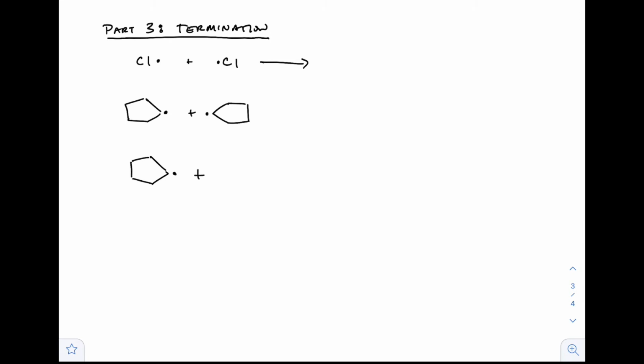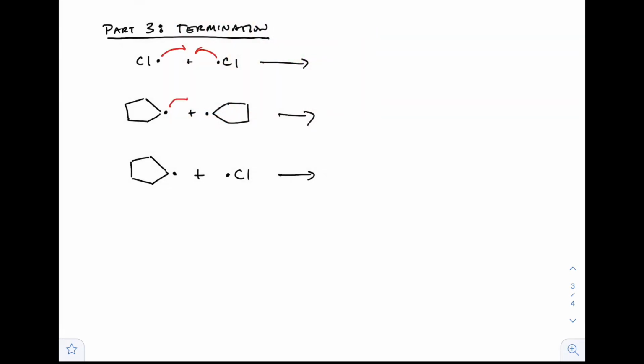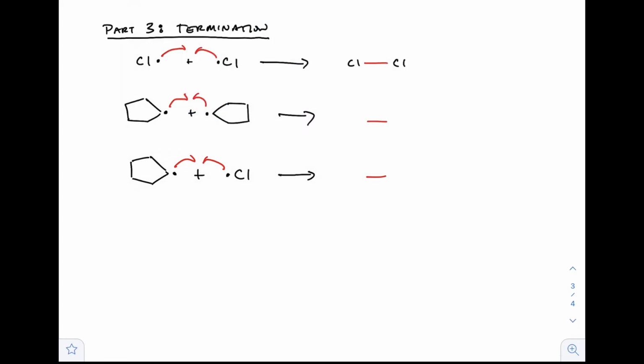So for example, if you had two chlorine radicals, or two cyclopentane radicals, or one of each, they would come together with each of their unpaired electrons and form a neutral species with a new sigma bond. And it doesn't matter if the product is desired or not, it will form a neutral species, and there's no more radicals present, right?